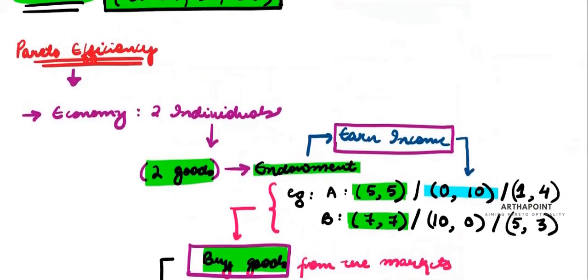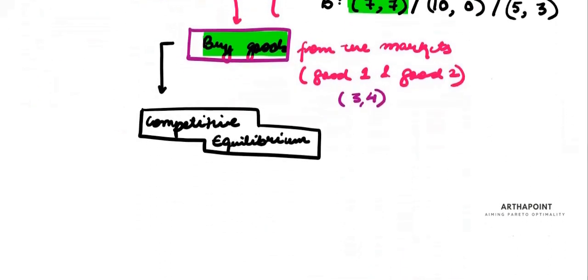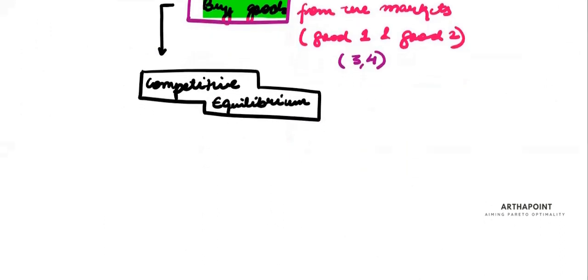But let's first understand what Pareto efficiency is. Pareto efficiency basically says that you cannot make any individual better off without making the other individual worse off. So let's write down the definition first. Pareto efficiency.